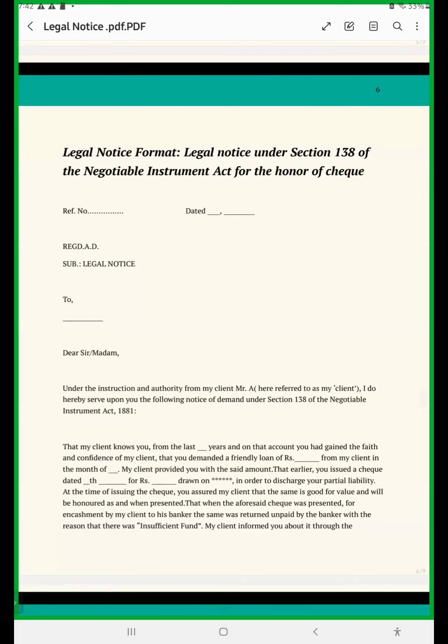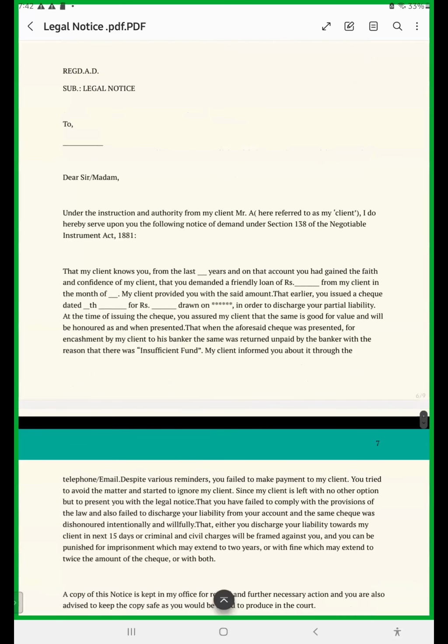So then we are talking about that my client knows you from the last how many years, let's say 1 year or 2 years, or maybe ये हो सकता है 6 months, 11 months. And on that account, you had gained the faith and confidence of my client, that you demanded a friendly loan of rupees, let's say 5 lakh, from my client in the month of, let's say, June 2023.